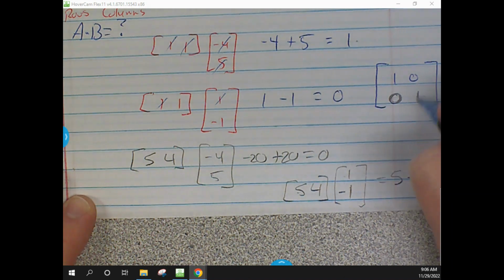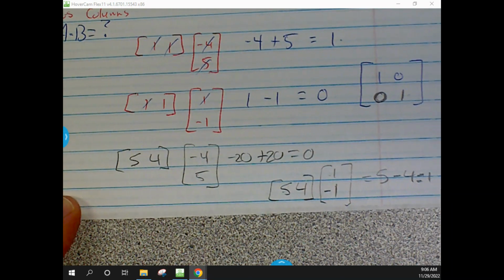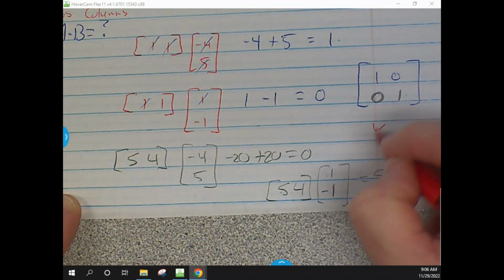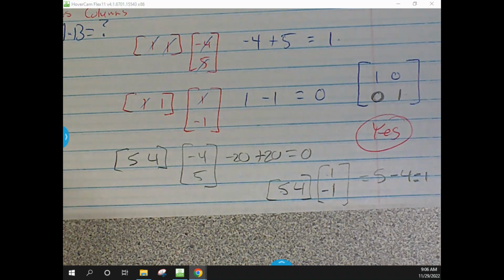So that one checks out. We get that identity matrix with 1s on the diagonal. So are these two inverses? There we go. To check for inverses, it's just doing multiplication. That's where we're still getting that practice, because we're still multiplying. It's just answering a question with the numbers we get to multiply there.